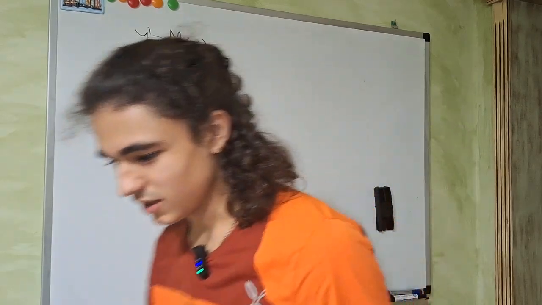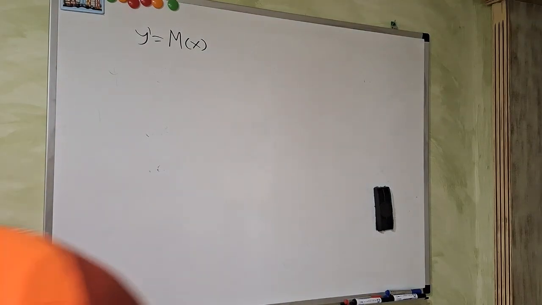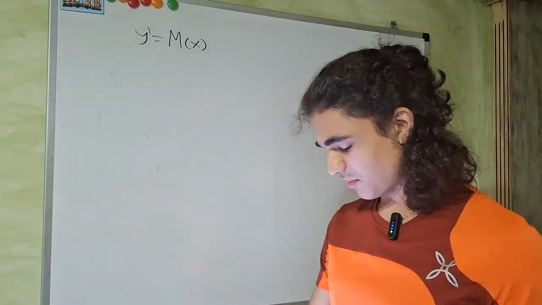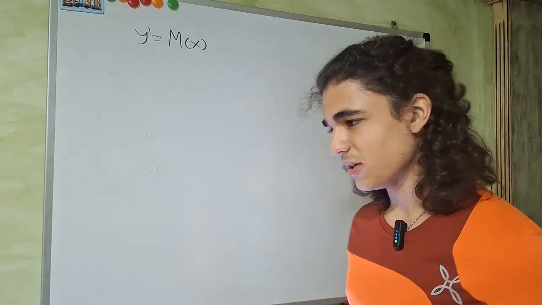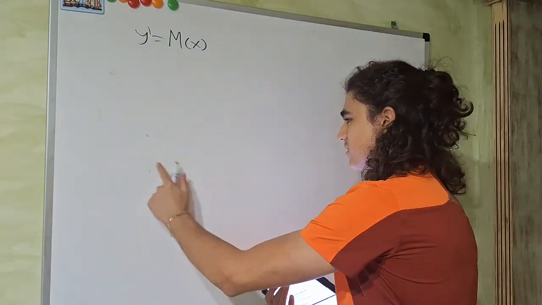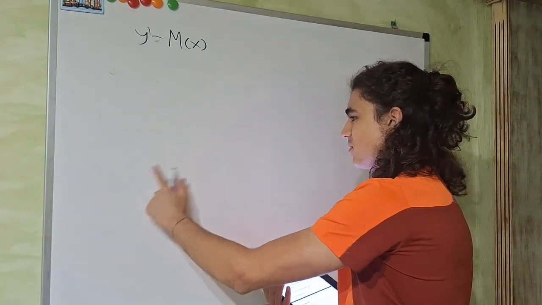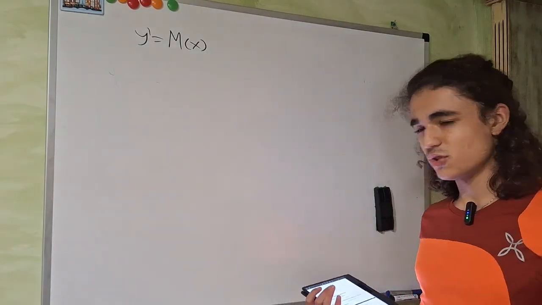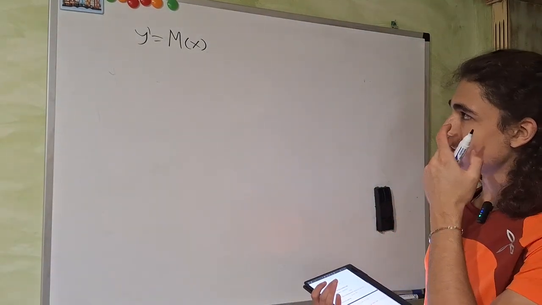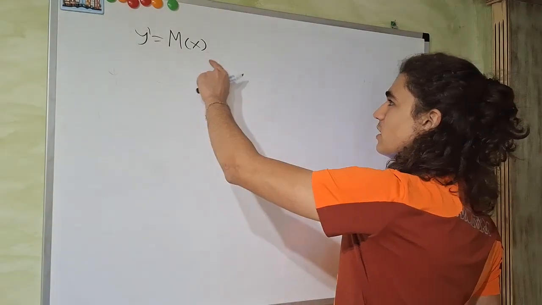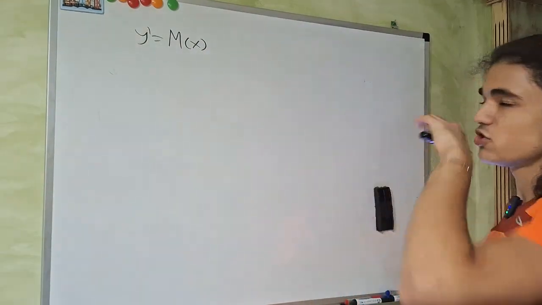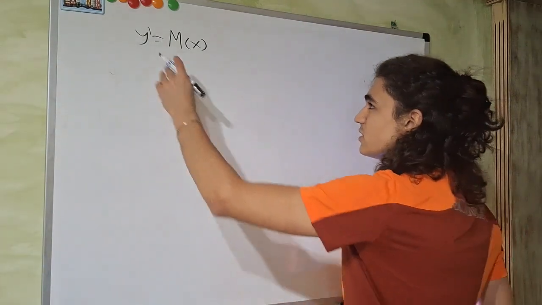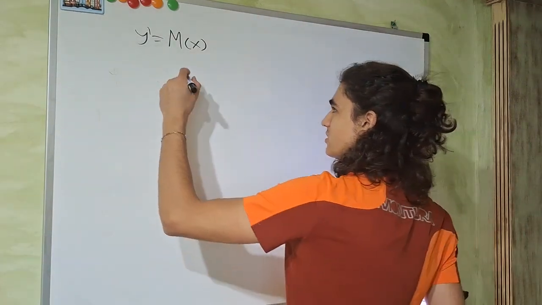Now let's do another example. This is probably a bit more difficult than the previous example. Well, before doing this example, I want to notice something very interesting. If we take into account the general normal form of our differential equation, we can simply integrate both sides with respect to x.